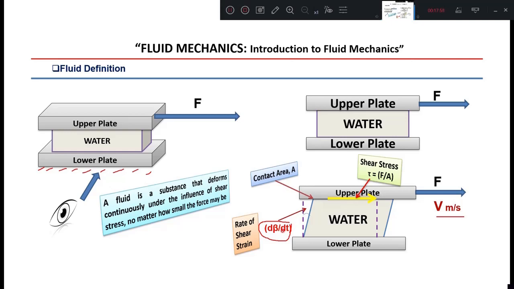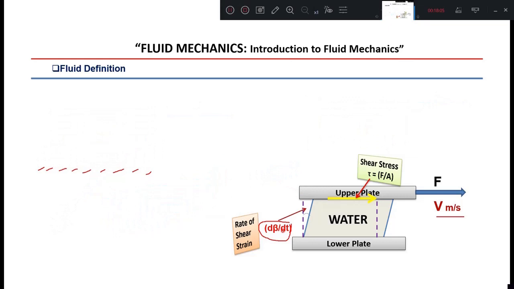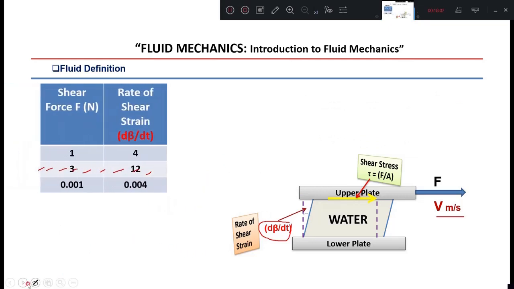So let us try to understand this concept with the help of some random numbers.